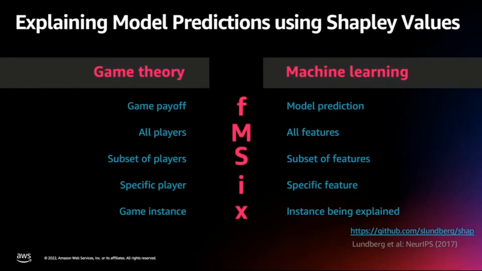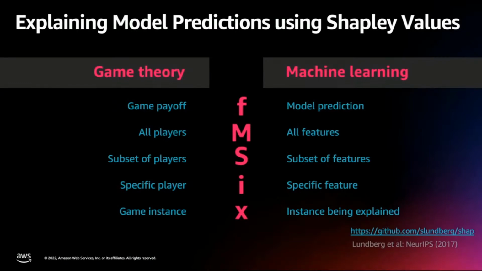And whatever were the players whose marginal contribution we wanted to compute now become features, because in explainability, we want to understand to what degree each of the input features contributes to the ultimate prediction. So naturally, a subset of players translates to a subset of features. A specific player is really a specific feature.